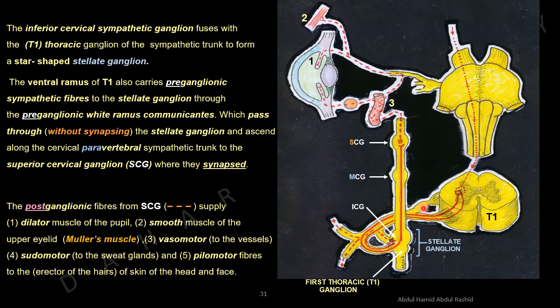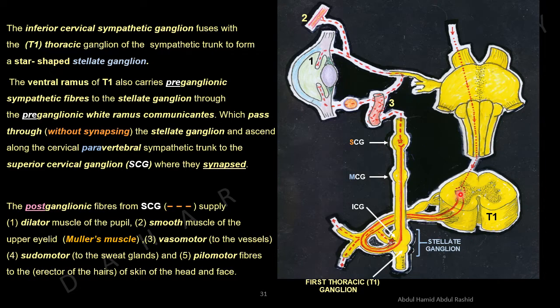You know that in the cervical part of the sympathetic chain, we have 3 sympathetic ganglia: superior, middle, and inferior cervical sympathetic ganglia. Below this, you can see there is another ganglion.